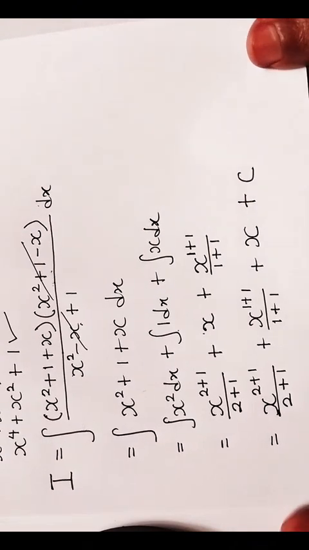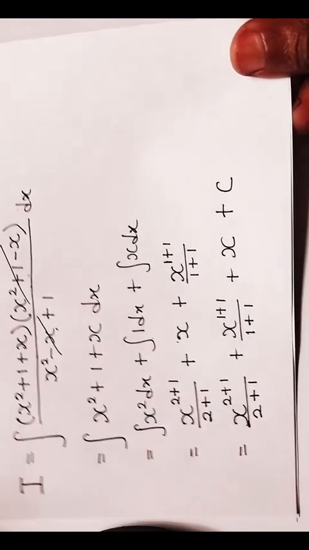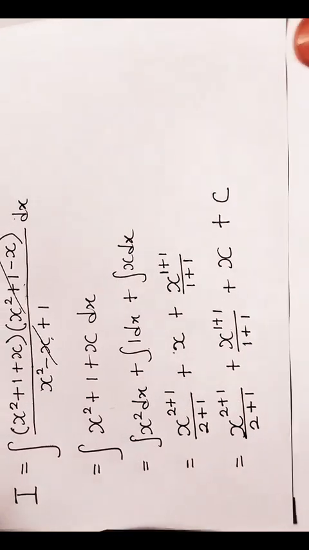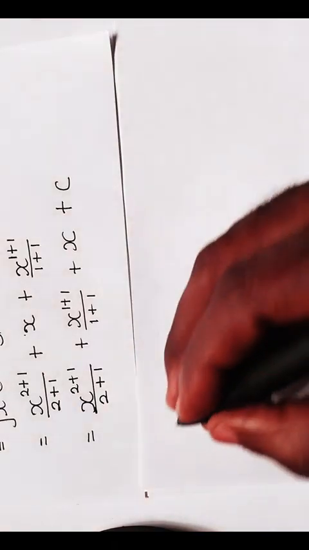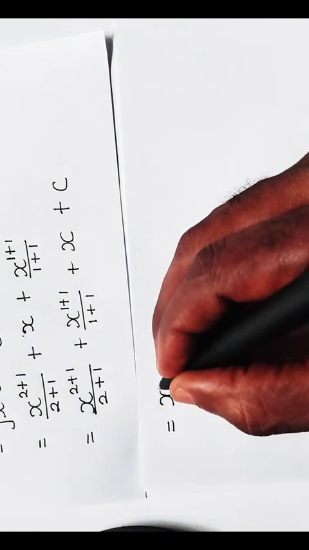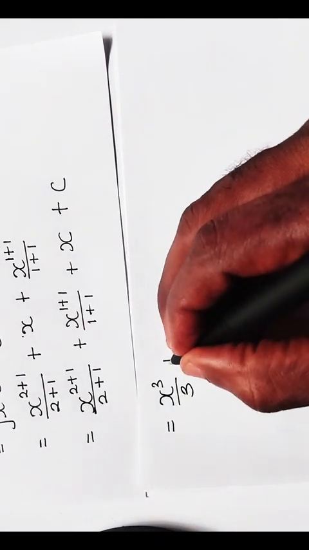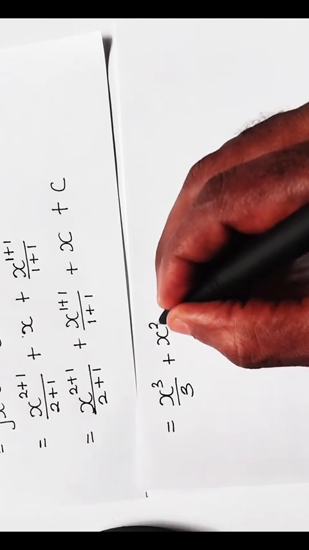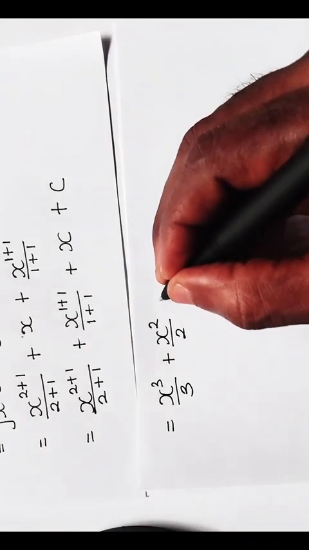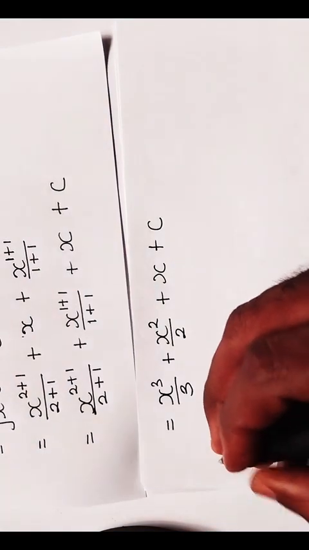Now, all we need to do is to write this out properly so that our answer will look very neat and nice. So we can write this to be equal to x^3 all over 3 plus x^2 all over 2 plus x plus c.